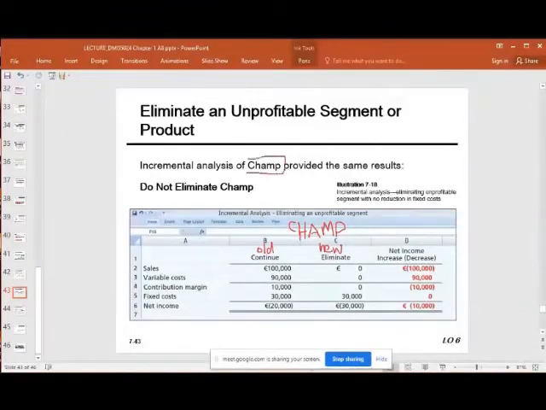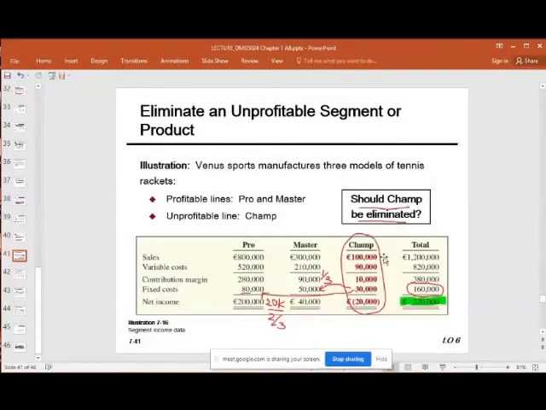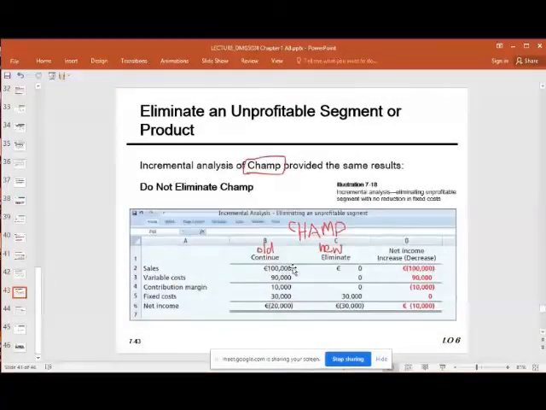So I got all this data from your financial statement. 100,000 minus variable cost, you get contribution margin minus fixed cost, you get a net loss of 20,000. So I put it here.